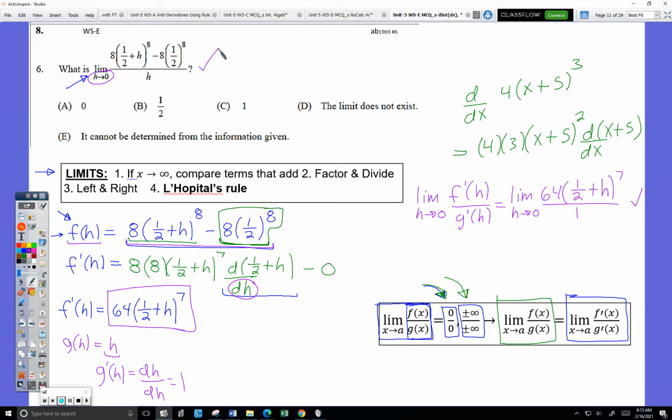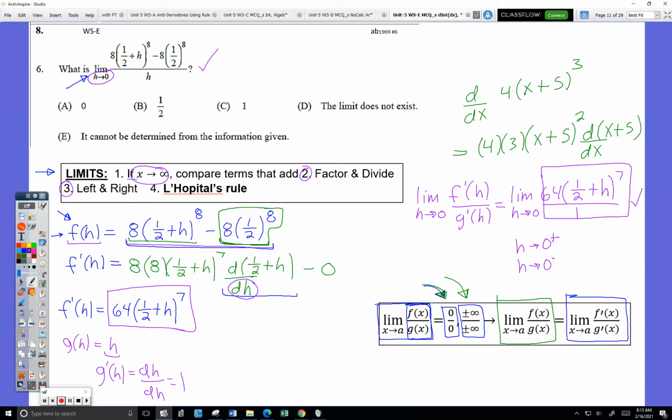Questions? So I just go through the process again. I am not approaching infinity, skip step 1. I cannot factor and divide, skip step 2. Step 3, plug in a value that is close to 0. So when h is getting close to 0, so h is either a little more than 0, or a little bit less than 0, I'm going to get, let's see, 1/2 plus close to 0, going to be close to 1/2. I got to use my fingers. 1/2 to the 7th.